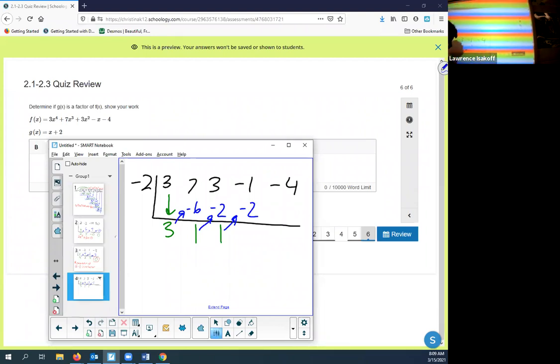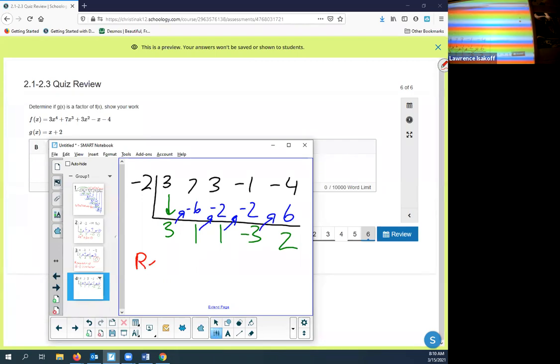Negative 1 plus a negative 2 is negative 3. And then negative 2 times negative 3 is a positive 6. Here, negative 4 plus 6 is 2.